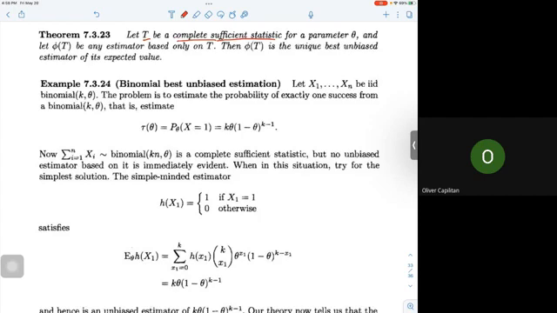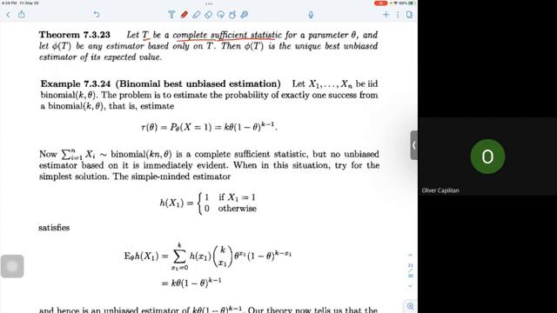So let's have this last example, binomial best unbiased estimation. So let x sub 1 up to x sub n be IID coming from a binomial distribution with k number of trials and the probability of success theta.